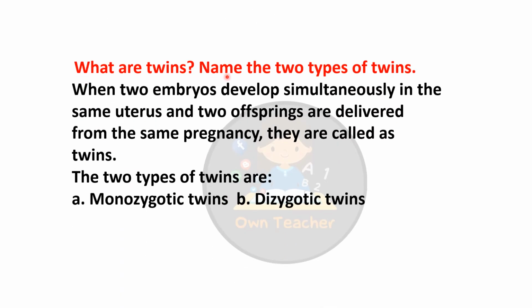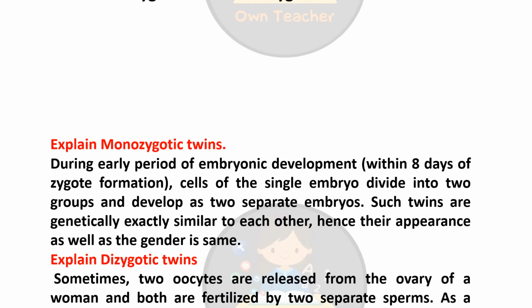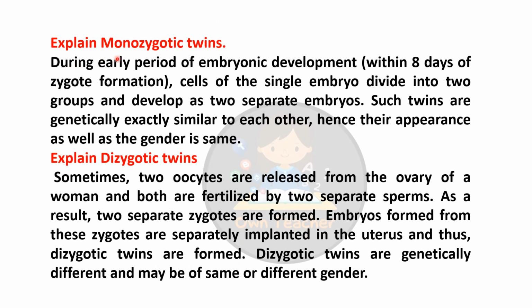What are twins? Name the two types of twins. When two embryos develop simultaneously in the same uterus and two offspring are delivered from the same pregnancy, they are called twins. The two types of twins are monozygotic twins and dizygotic twins. Explain monozygotic twins.